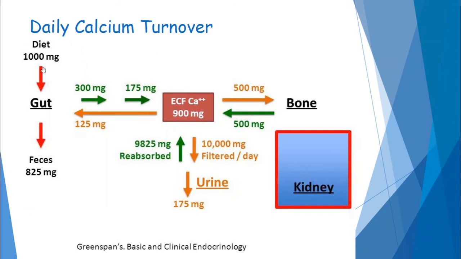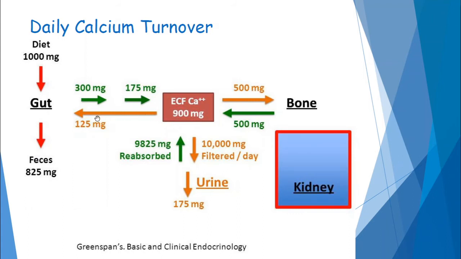You are supposed to have a daily recommended intake of 1000 milligram of calcium in your diet, and it goes into the gut where about 825 milligram is excreted in the feces, and 300 milligram or 175 milligram acts as the extracellular fluid calcium, which is around 900 milligram, taking into account all of the total amount.